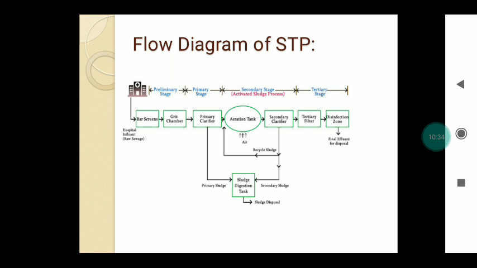From the aeration tank, the sewage is passed through the secondary clarifier, and from the secondary clarifier some sewage is passed again to the aeration tank, which behaves like seeding, and the remaining sewage is passed to the sludge digestion and to the tertiary filter. In the tertiary filter, the sewage is passed again to the disinfection zone for the final disposal of the sewage. This is the complete flow diagram for the sewage treatment plant.